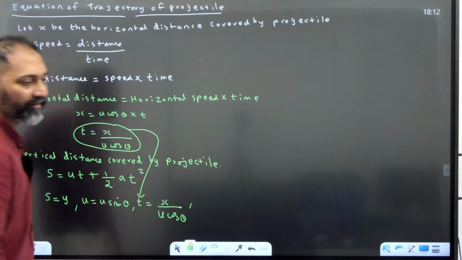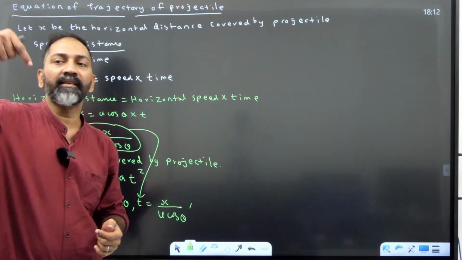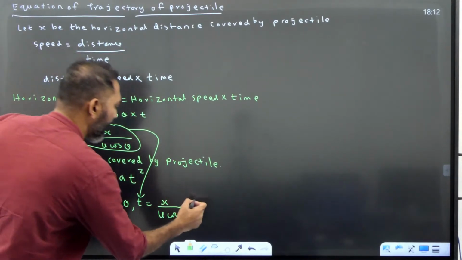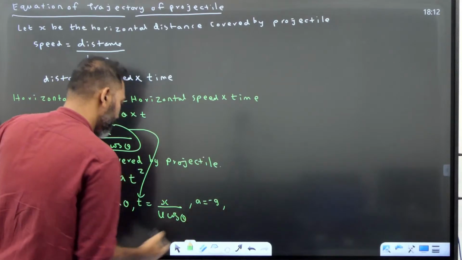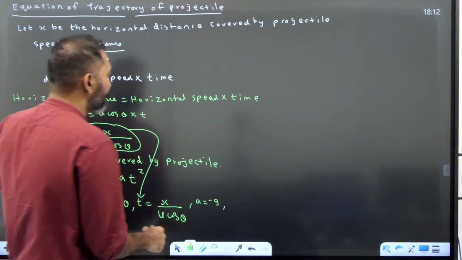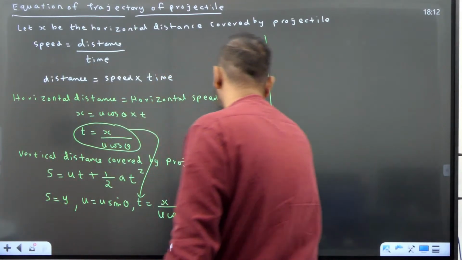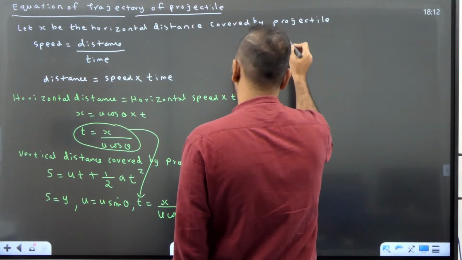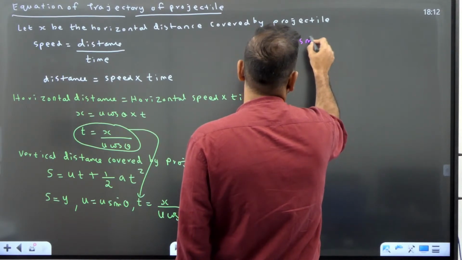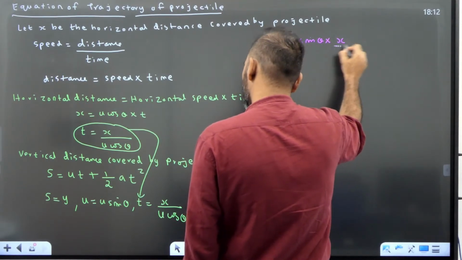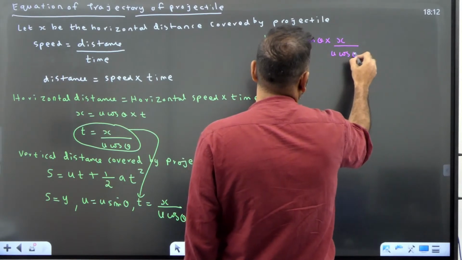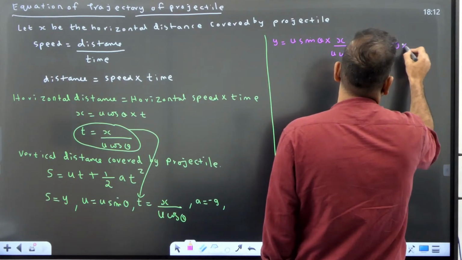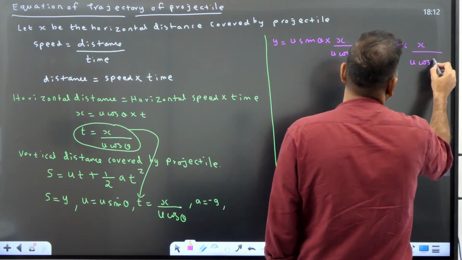Now what is acceleration? Minus g. Because acceleration due to gravity is acting downward, projectile is moving upward. So I am giving a equal to minus g. Okay. So substituting, y is equal to U sin theta into x by U cos theta plus half into minus g into x by U cos theta the whole square.